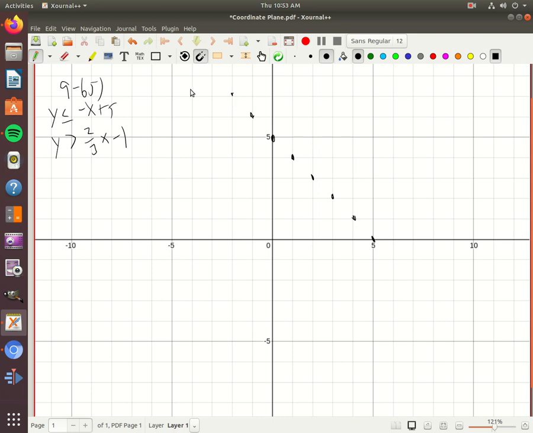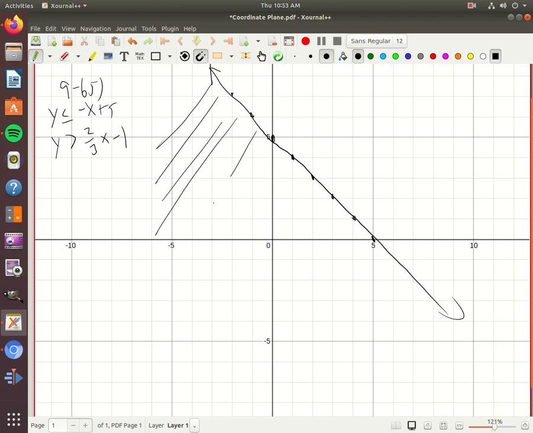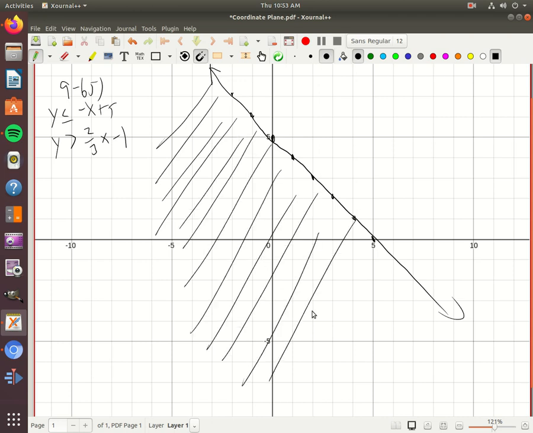And it looks like it's going to be a solid line. And it looks like I'm going to graph below the line where y is lower. So I'm going to put the shading marks in this direction, kind of perpendicular. I think you'll see why in a bit.